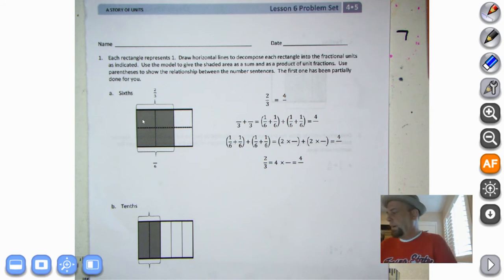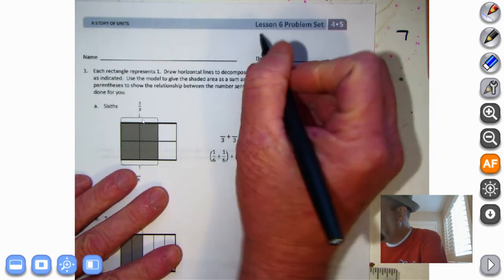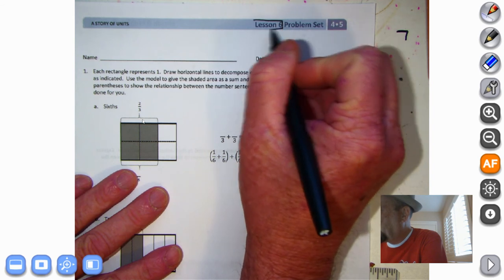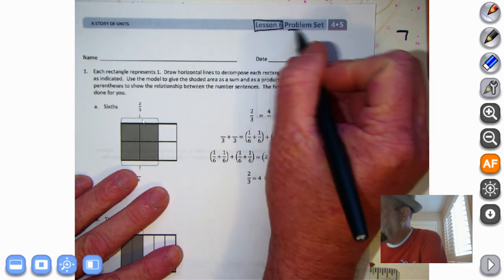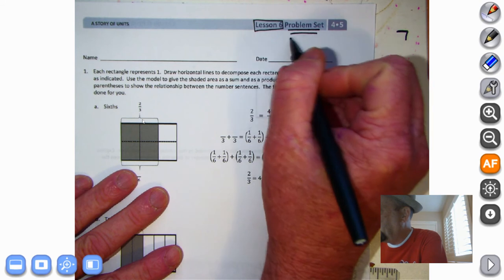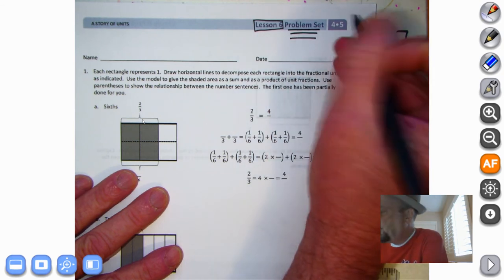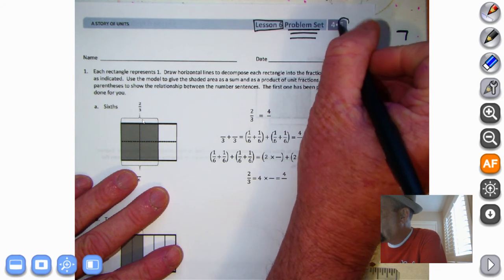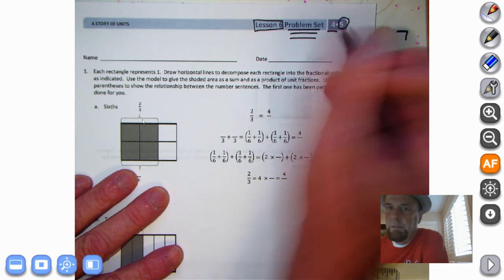Let's figure out what we're doing today. Looks like it is lesson 6. We're in our problem set today, not like our homework booklet the other day. And you are in Module 5, Grade 4. So let's review that.